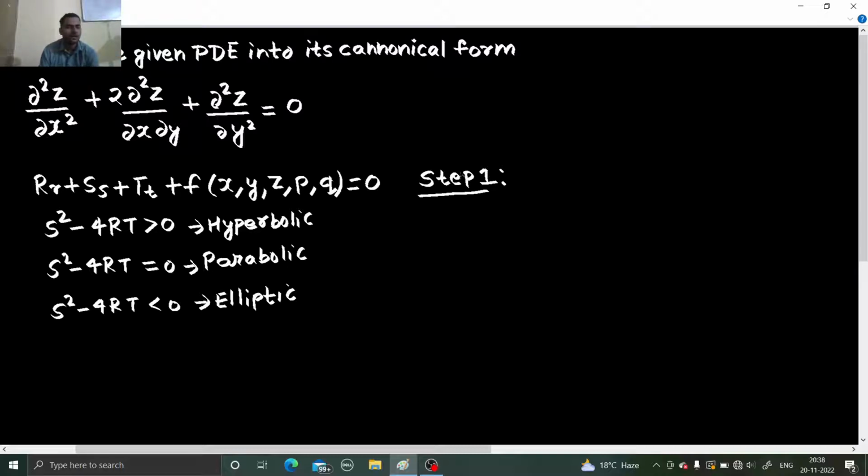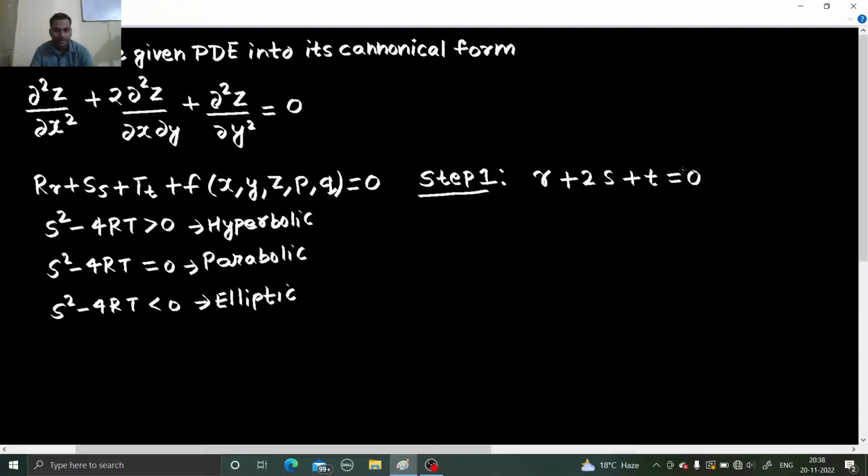So this equation can be written as del 2z by del x square, which is r, del 2z by del x del y, which is s, so 2 times s, and del 2z by del y square, which is t, so t equals 0.